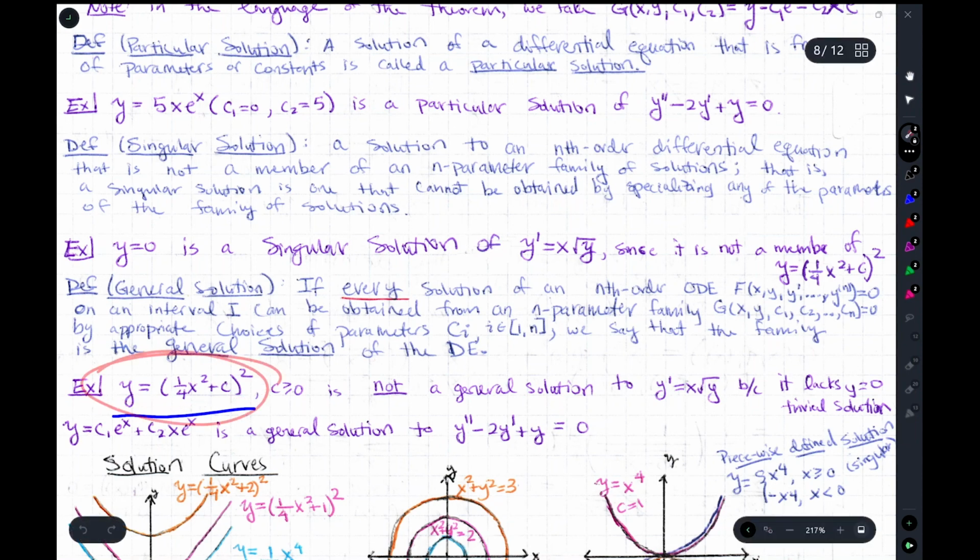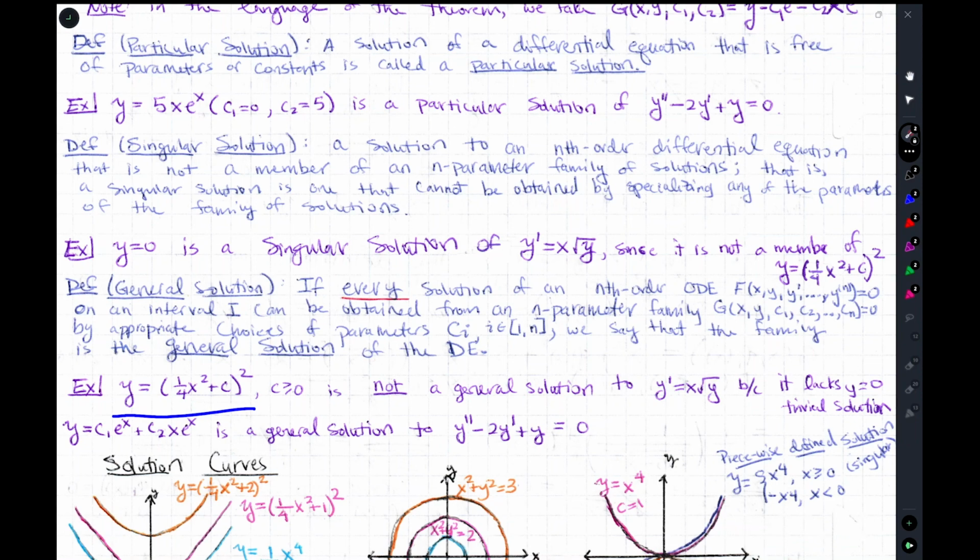On the other hand, y is equal to 1/4 (x squared plus c) squared is not a general solution to this differential equation. Why? Because we found one solution that is not a member of that one parameter family of solutions.